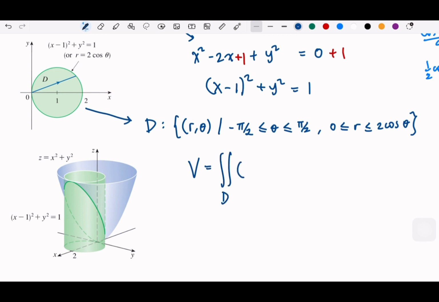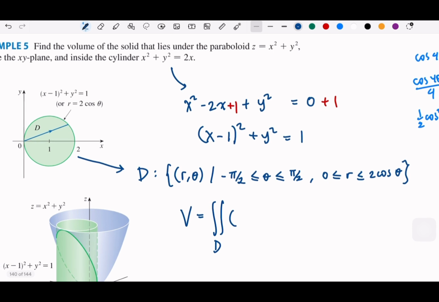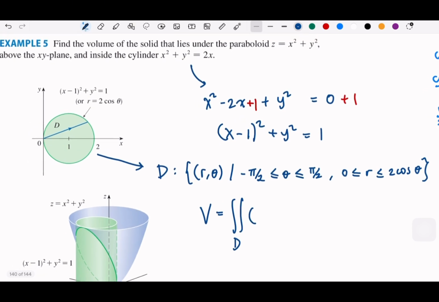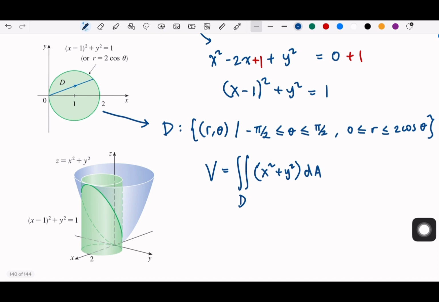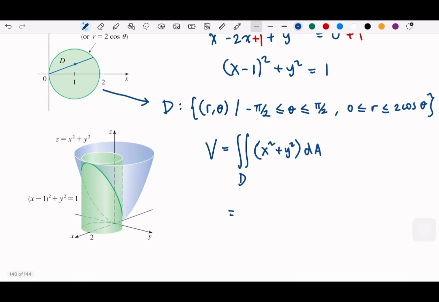We can write up the paraboloid. So the volume will be described. We let this function x squared plus y squared be our surface, and then dA. Okay. And then we are going to convert this. So this will be r squared, r dr d theta. This will be negative pi over 2 to pi over 2, and 0 to 2 cosine theta.